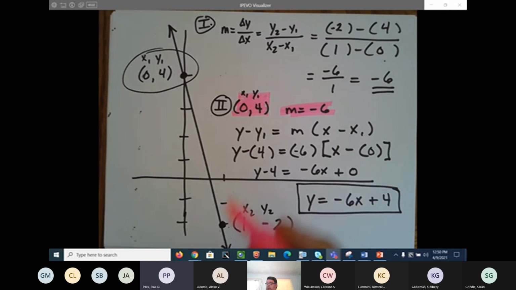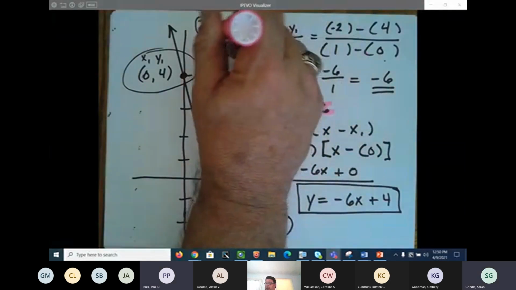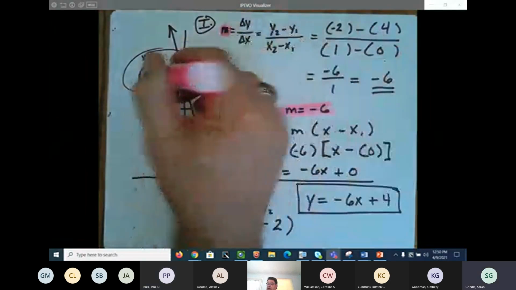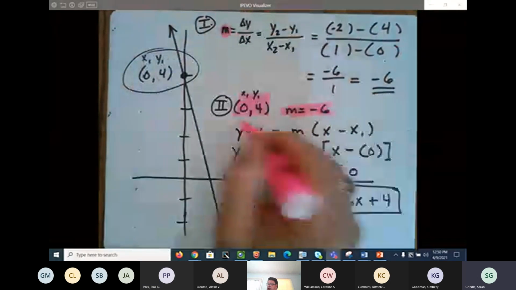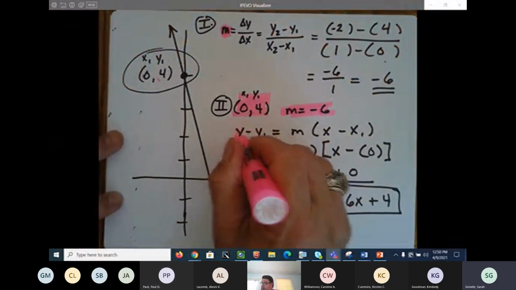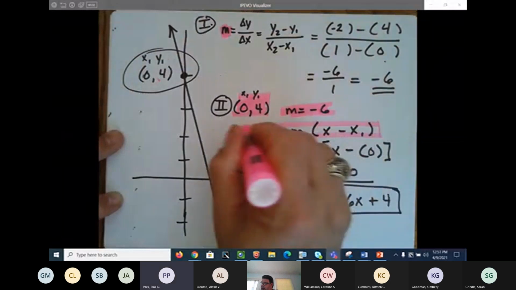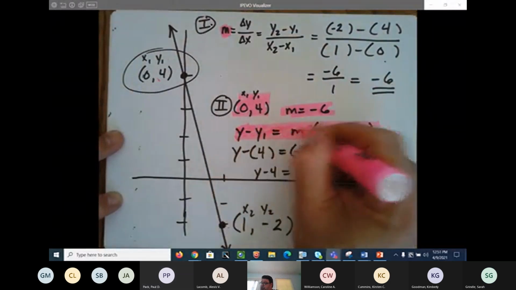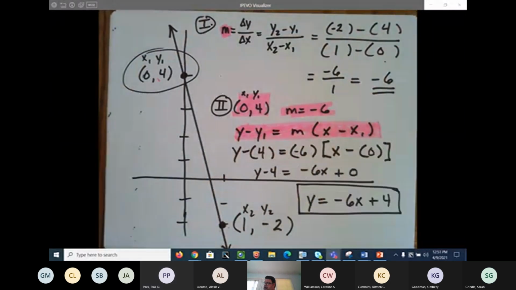And from there, you find the what? Slope. And once you have a point and a slope, you use the point-slope equation. And the point-slope equation is right there, just like it says on your sheets. I think it's the second to the last sheet. It's got the slope and the point-slope equation on it for the 2 people that printed those sheets out.